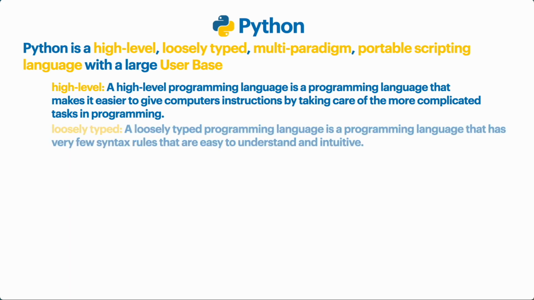Now, the next thing we're going to take a look at is loosely typed. A loosely typed programming language is a programming language that has very few syntax rules and is easy to understand and intuitive. Before we look at what loosely typed is, let's look at what syntax rules mean. Syntax rules are just a set of rules that you must follow when writing your code so that the computer can understand what you're trying to say.